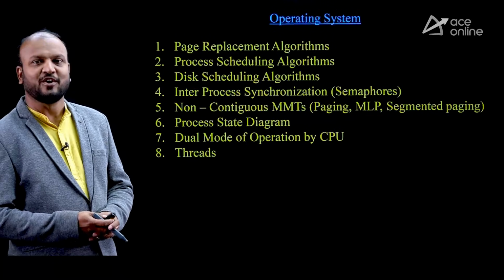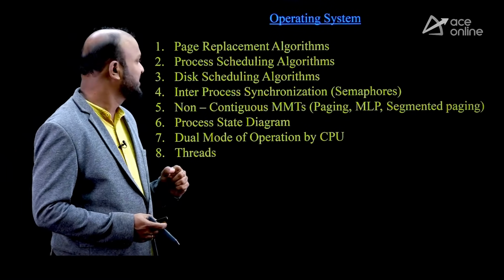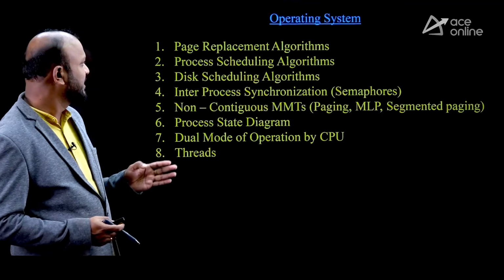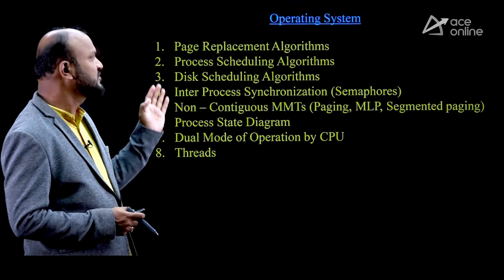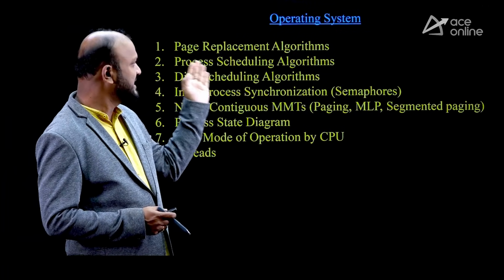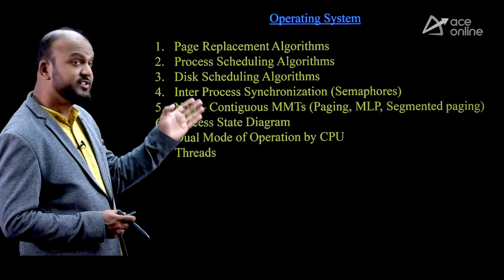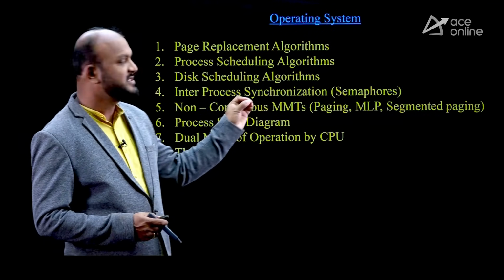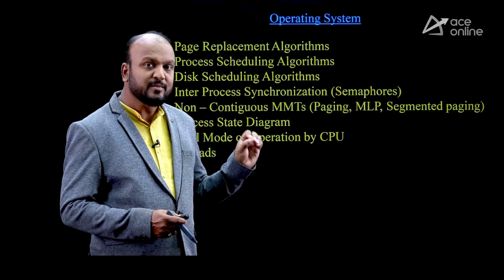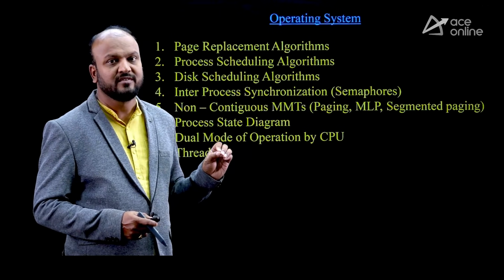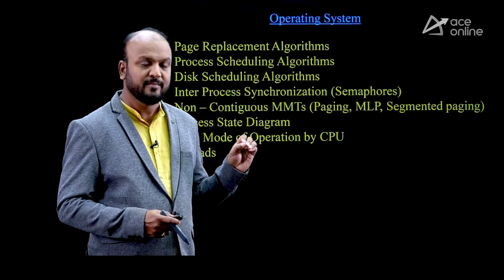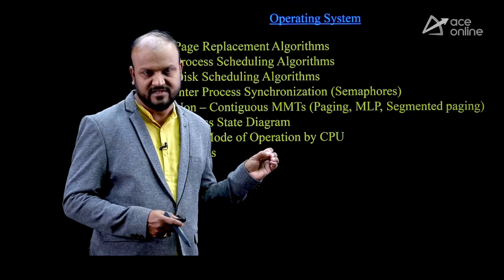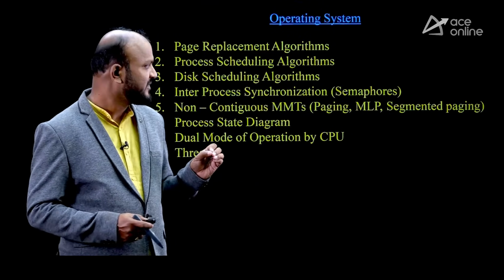Next, you should focus on operating system after digital and COA. In operating system, you can focus questions on page replacement algorithms, process scheduling algorithms, disk scheduling algorithms, inter-process synchronization. In inter-process synchronization, you should focus on where to take preemptions, where not to take preemptions while solving the numericals.